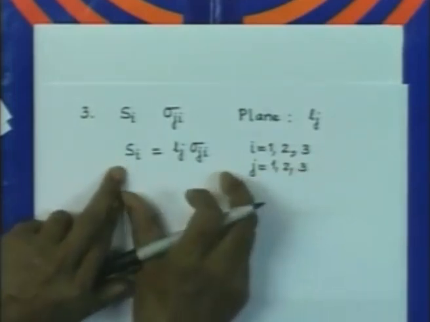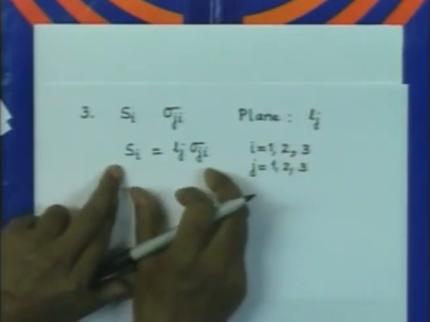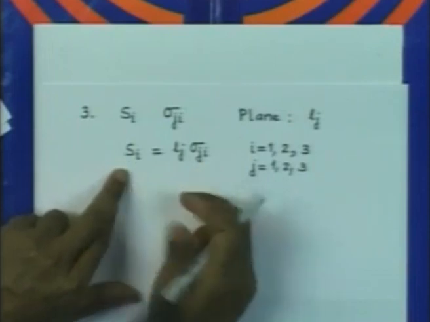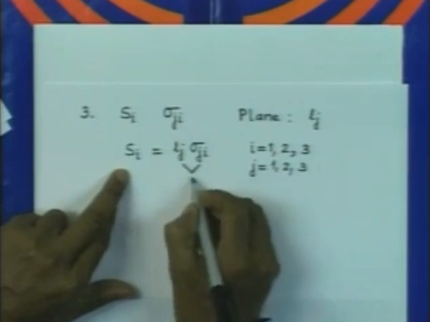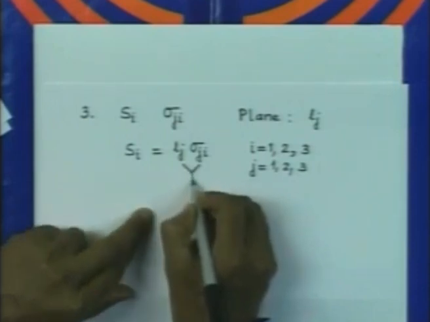This indicates a compact form of expanded expressions, and herein we make use of the fact that these two symbols are repeated, therefore a summation is indicated.